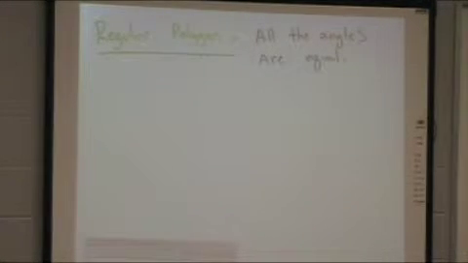Now we have the definition of what a regular polygon is. For something to be a regular polygon, all the angles in the polygon must be equal. So if I draw a triangle, and I want it to be a regular triangle, all the angles must be equal, right?